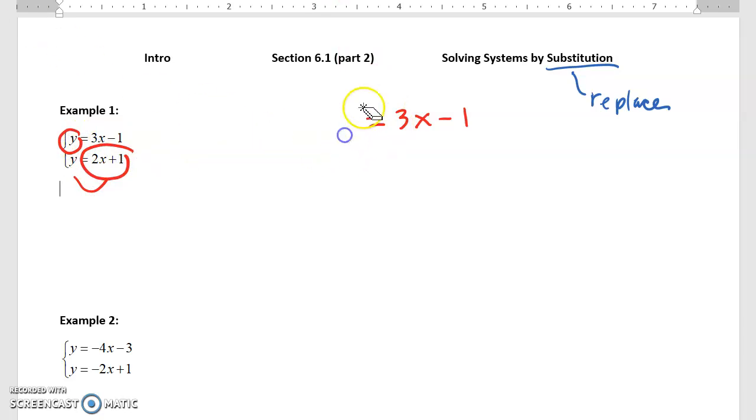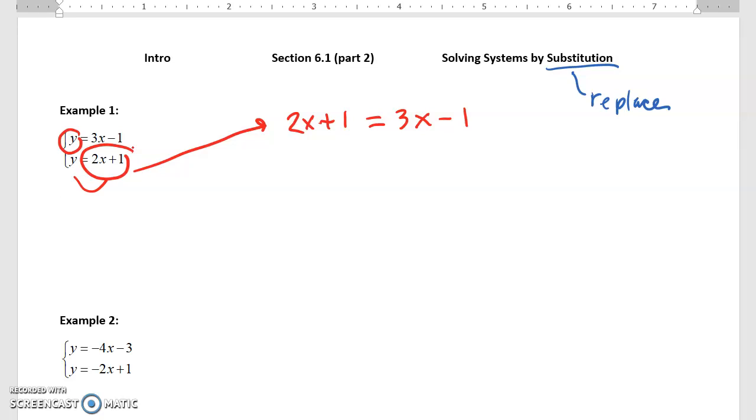So now I'm going to erase this y, and I'm going to put its equivalent value, 2x plus 1, there. Basically, I've set the 3x minus 1 equal to the 2x plus 1 because both of those are equal to y. And again, the solution to the system would be when the x and y value are exactly the same for both equations.